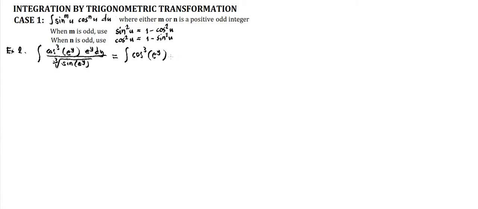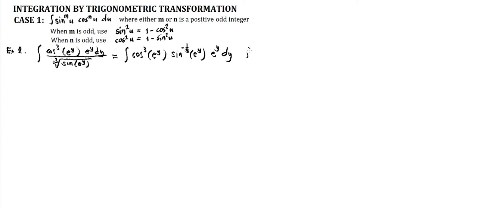Tapos lilipat natin siya sa ating numerator. So, magkakaroon tayo ng negative 1/3 na exponent sa sine. Sine raised to negative 1/3 of e to the y, and then times e to the y dy.